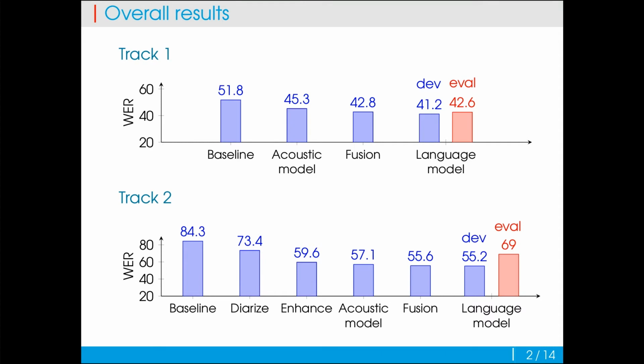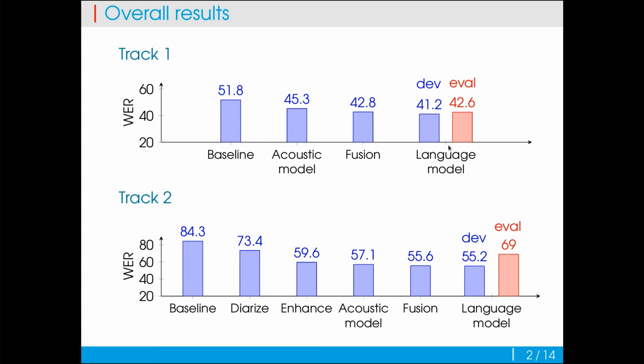Here in this plot, you can see a rough breakdown of the results into different parts of the systems that we modified. All of the results in blue are on the development set, and the final ones also on the evaluation set.